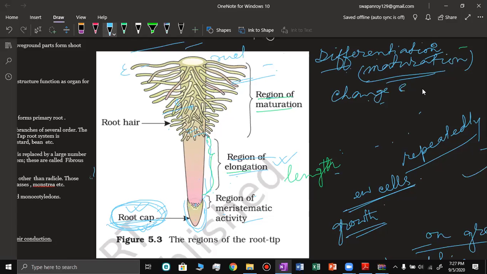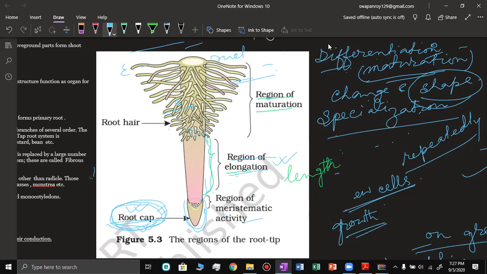Actually, change in shape, and specialization also takes place. Some special structure they produce. So specialization takes place. This process is known as cell differentiation.